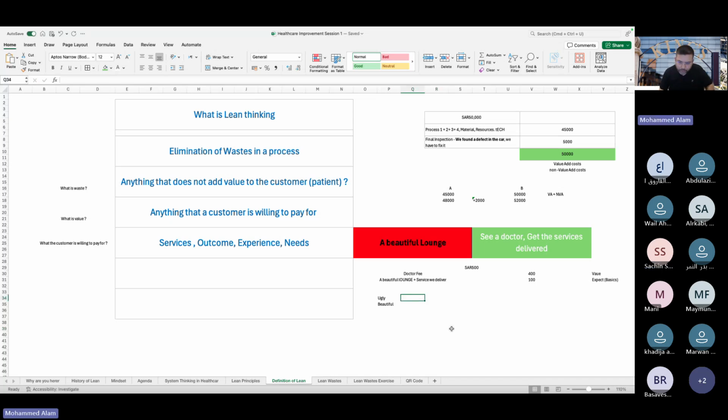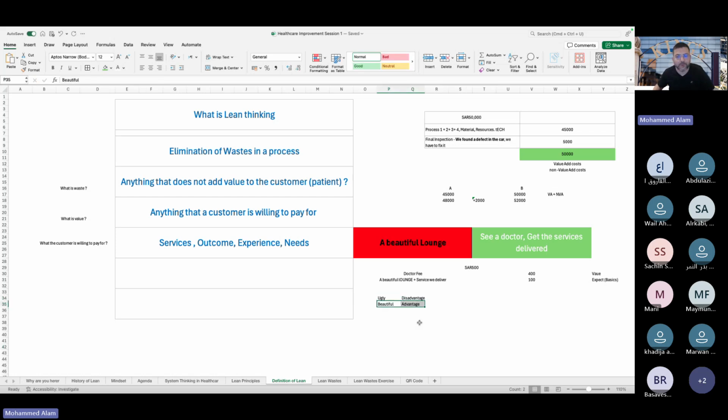Beautiful, right? So it has an advantage, and this has a disadvantage. So to Dr. Boyle's point, of course, a patient would not go to a hospital with the ugly lounge.